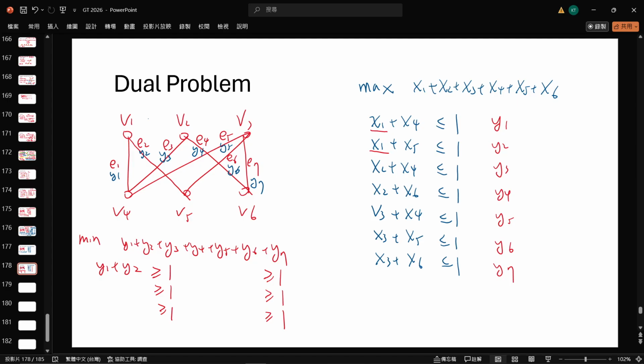So that's x1. And for x2, it appears in the third and fourth constraint. So y3 plus y4, okay? So y3 and y4 correspond to E3 and E4, which happen to be the edges incident to V2, okay?